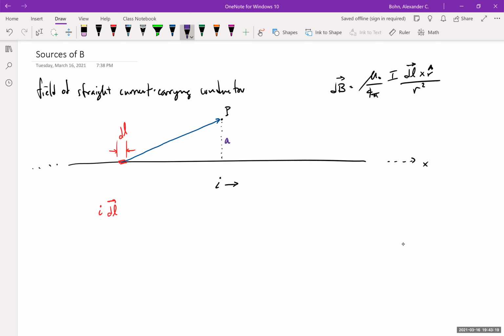And if we consider the y-axis as here, that point P is on the y-axis, then this distance is the x-coordinate of the infinitesimal current.